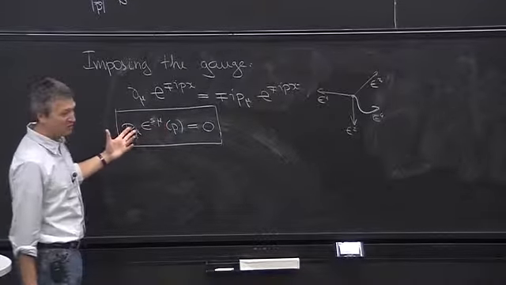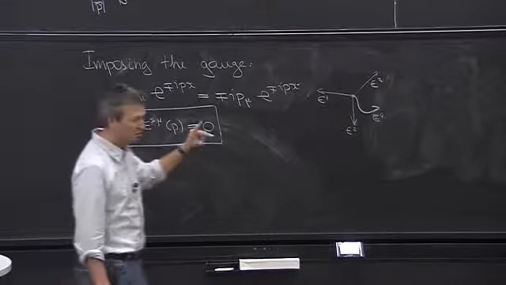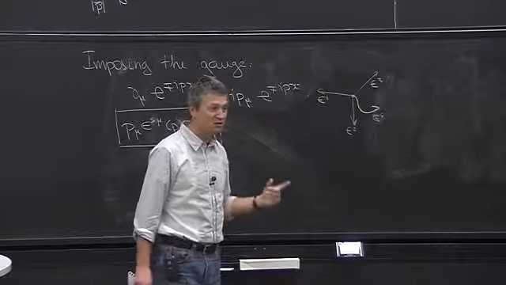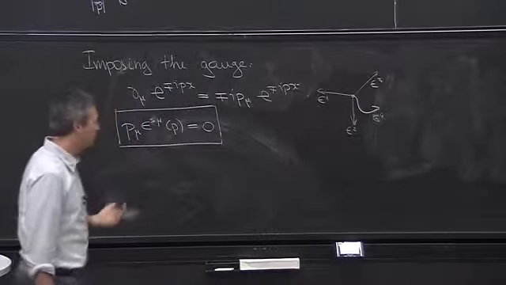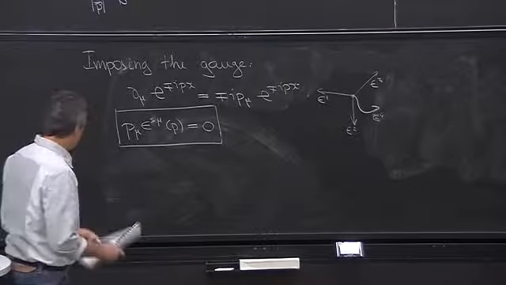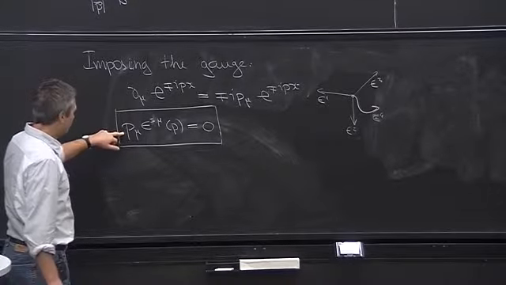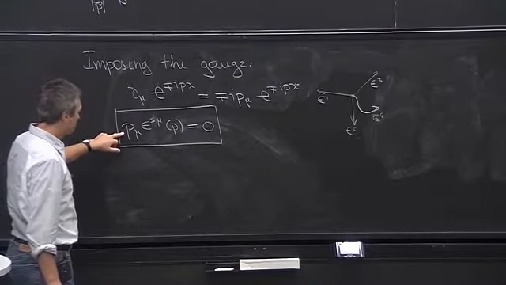And of course, this condition depends on momentum. So the bases that we choose at different p are different. They depend on p. So let's see what are the solutions to this equation.